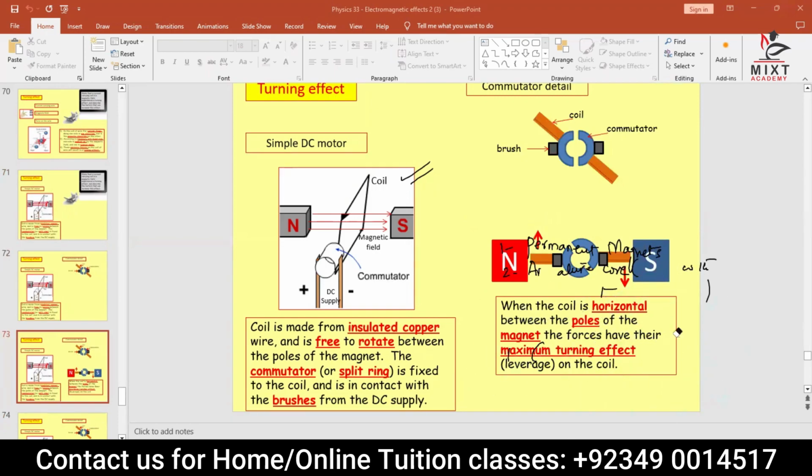I will talk about this later. Draw these two diagrams as well, along with the written material. I will explain it to you in a minute.